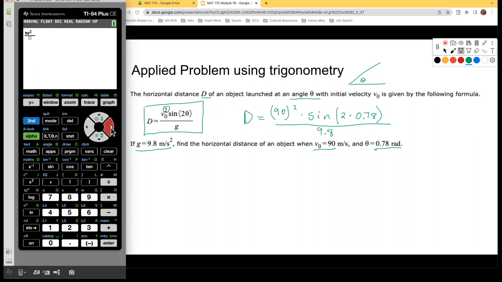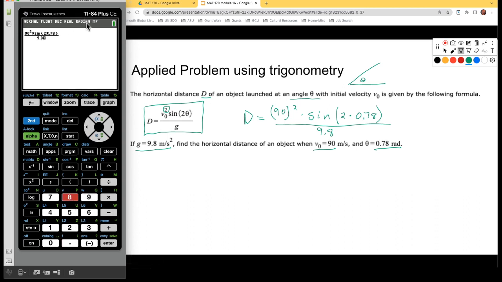So there's 90 squared, arrow down, then multiply. Sometimes when you write things next to each other, it knows to multiply, but I'm going to do that. And I'm going to do 2 times 0.78. Close that off, and then come down to the denominator, and we have 9.8.